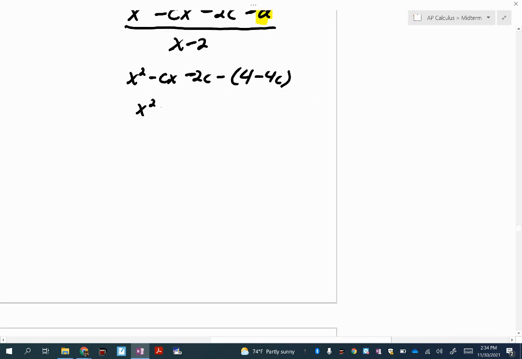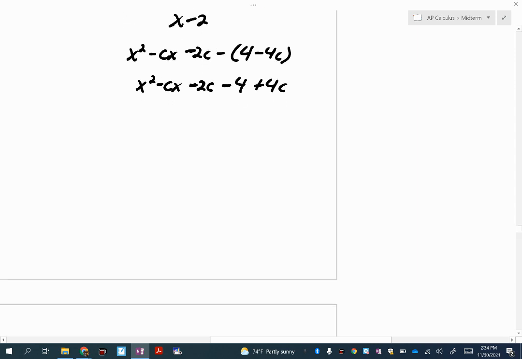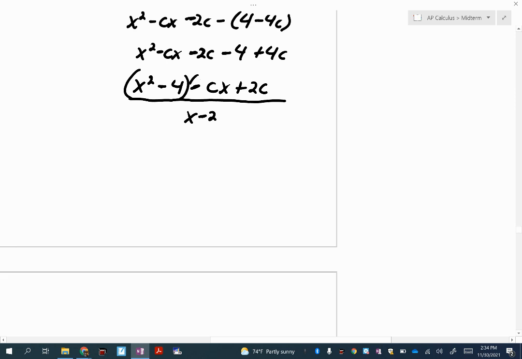So now I'm going to distribute. So minus 4 plus 4c. Organize some things so I can do some factoring. So x squared minus 4, I'm going to organize first. Minus cx, negative 2c plus 4c is 2c. I'll bring my denominator back in now. Factor by grouping.